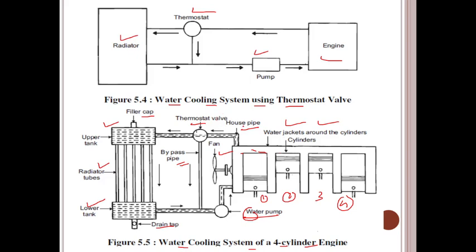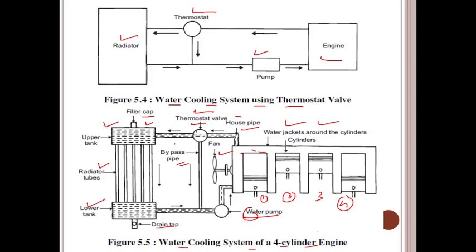After cooling, through the hose pipe and the thermostat, it enters the upper tank once again, and from the upper tank it comes through the radiator tubes to the lower tank. This is the simple construction and working of the water cooling system of a 4-cylinder engine.